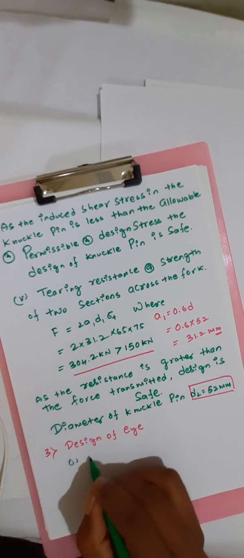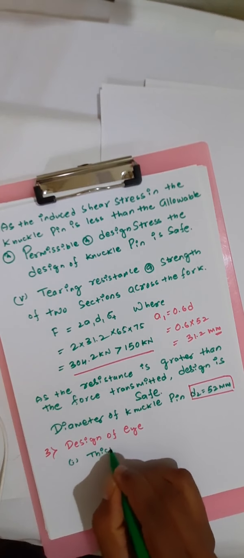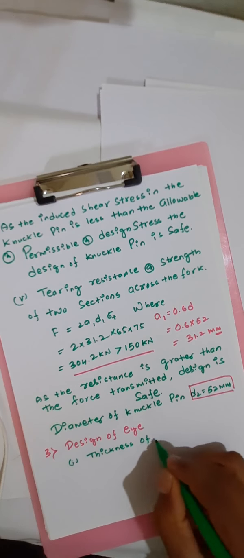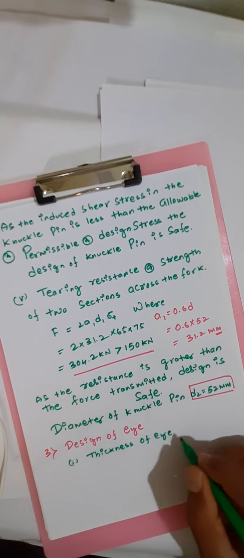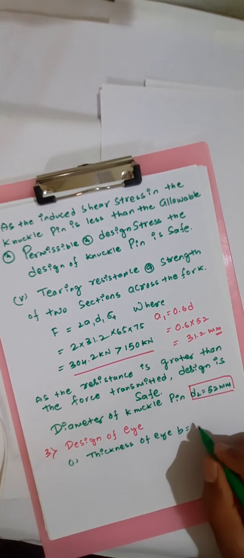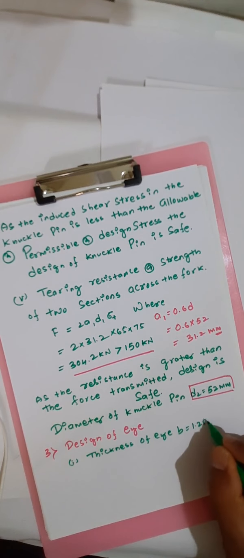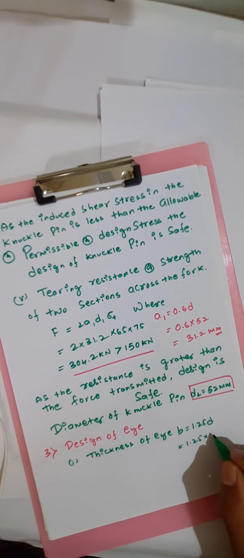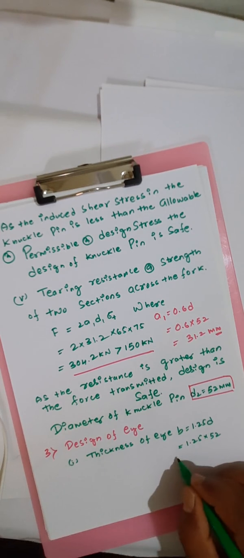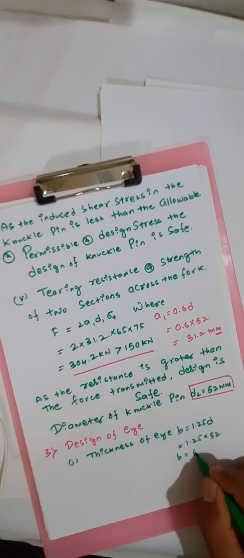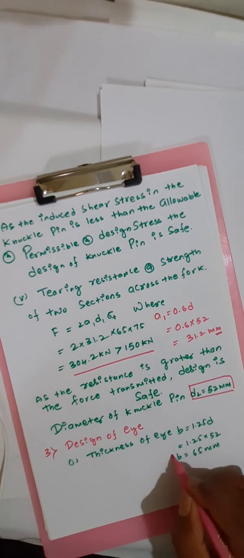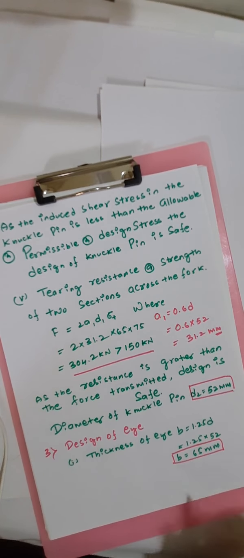With respect to this, we need to find out the thickness of eye, that is B is equal to 1.25 D. So that is 1.25 into D is equal to 52. So we'll get B is equal to 65 mm.